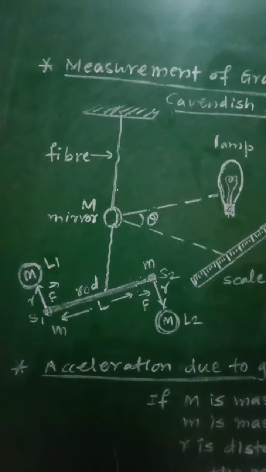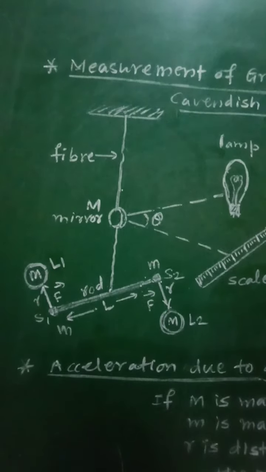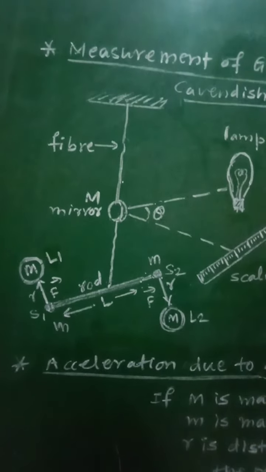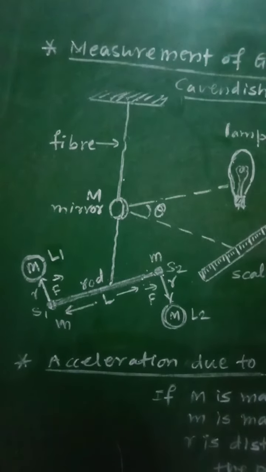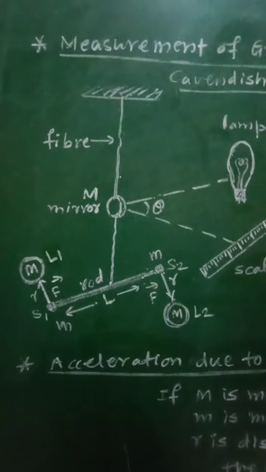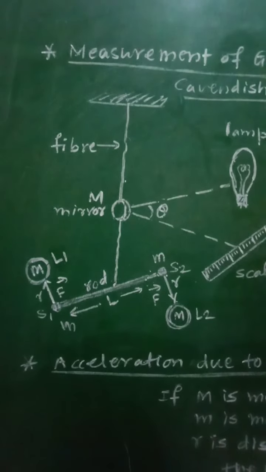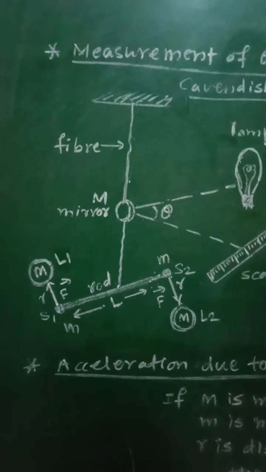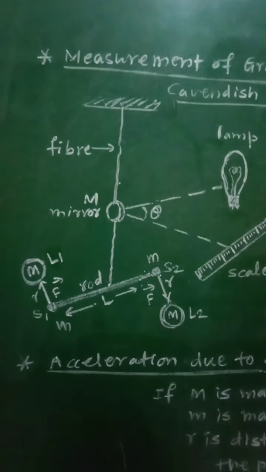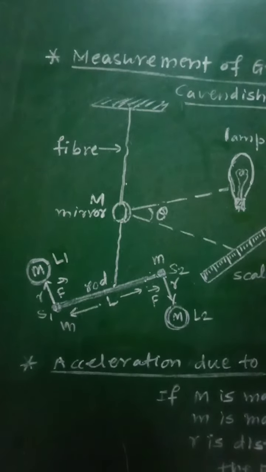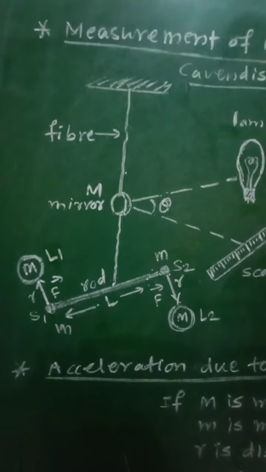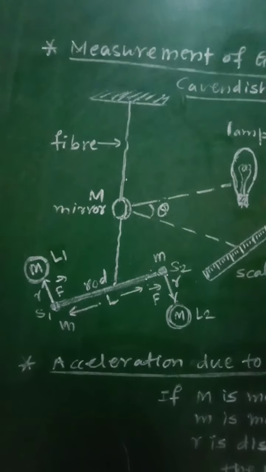Then a mirror is now fastened to the metallic fiber. A mirror will be fixed along the length of that metallic fiber. The mirror can be used to reflect the beam of light coming from that lamp onto the scale, through which we measure the angle through which that fiber gets twisted.